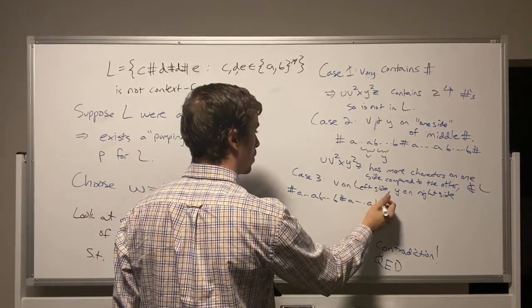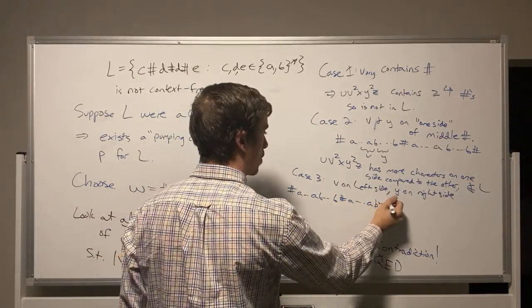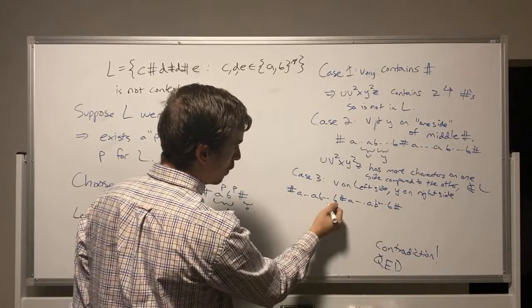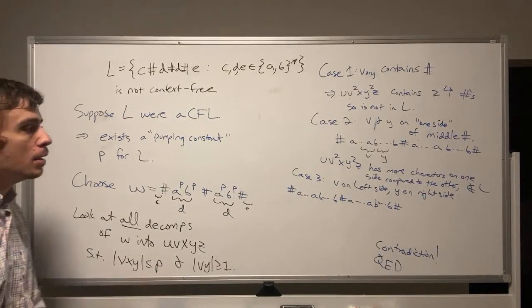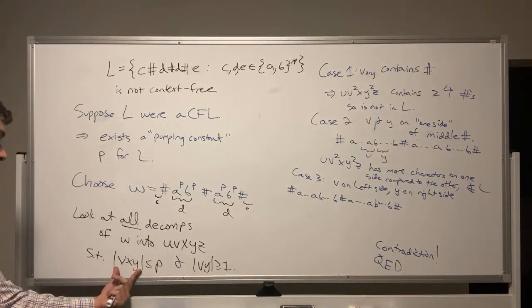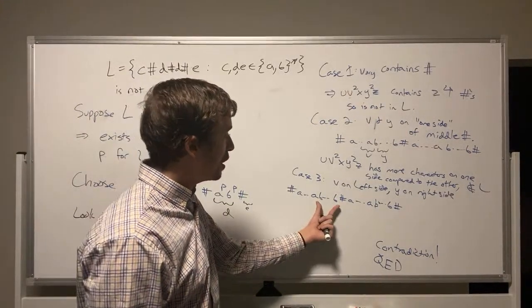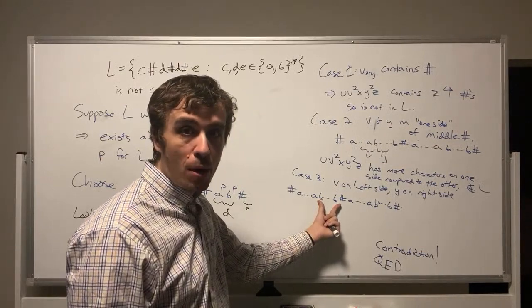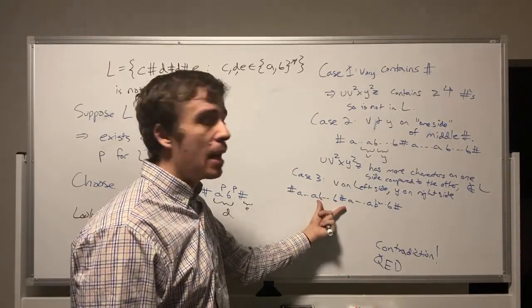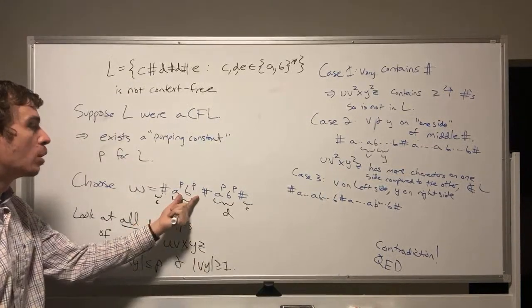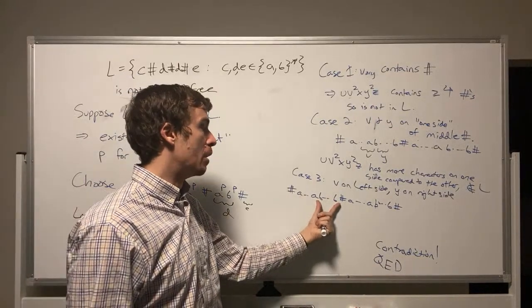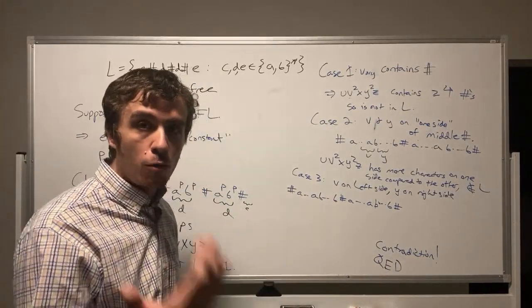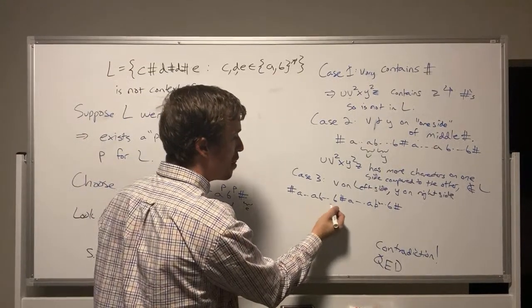So a bunch of A's. So here's where we're going to use this property right here, that the V and the Y part in total have at most P characters. Since this run right here, the B part, has exactly P characters according to this, although it just needs to be at least P, the V part, which is on the left side, has to be in this region right here.